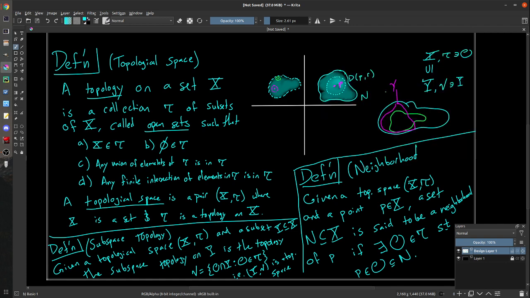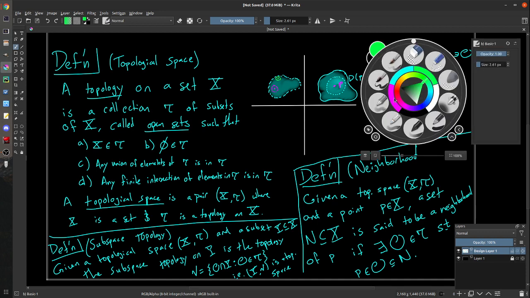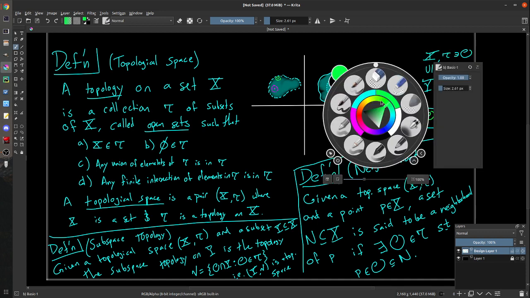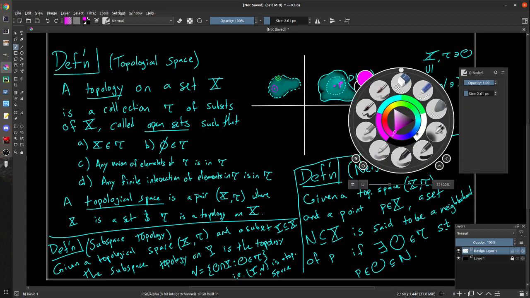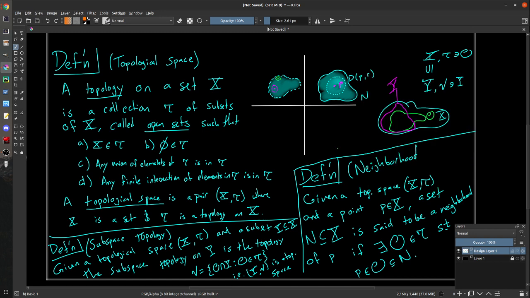So maybe in this picture we've got X, we've got O, and then we've got our Y, and notice that what you get out of that little intersection piece right in here, this guy is Y intersect O.